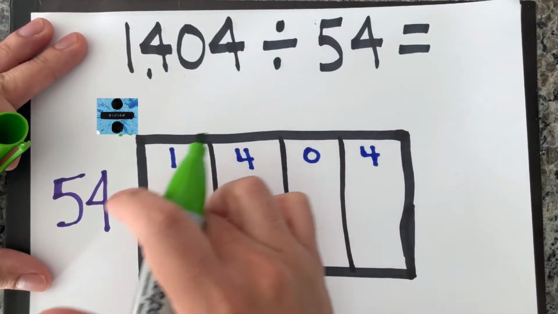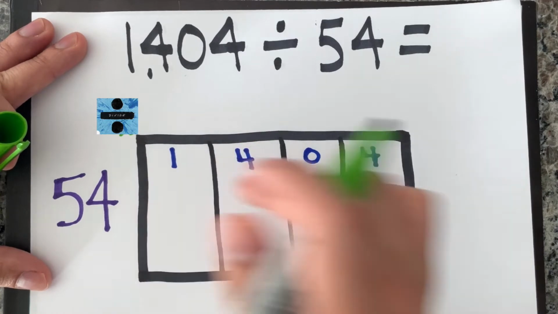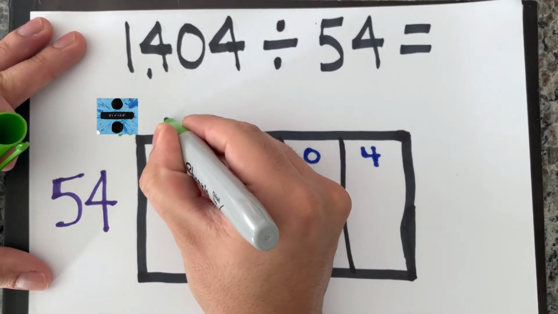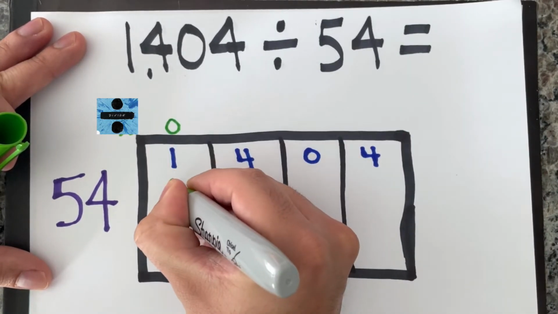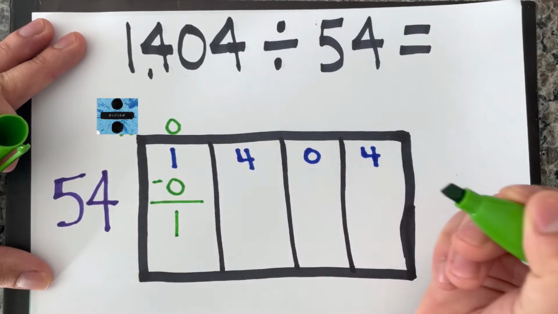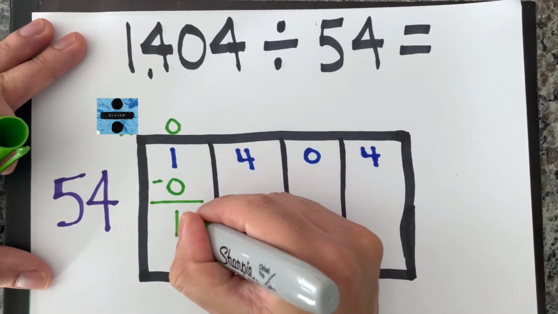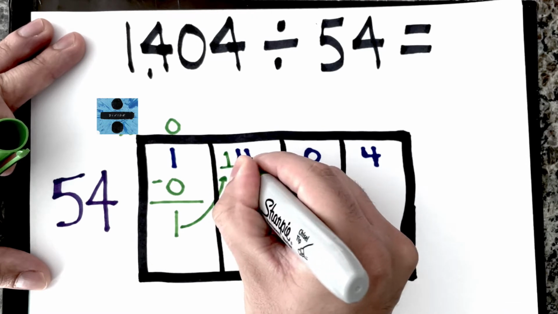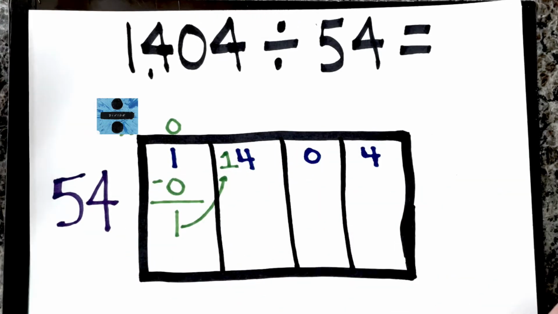We can't put 54 equal pieces into 1. So we're just gonna put a 0 here, put a 0 here, and we're gonna subtract that. We have 1 left over, obviously, and we're just gonna move it over. Boom. So now we move it over here.